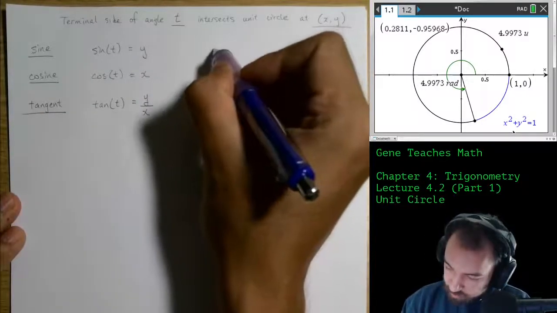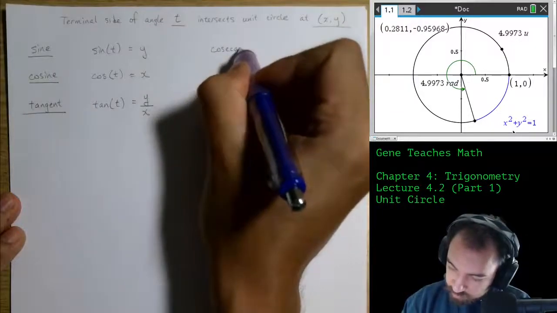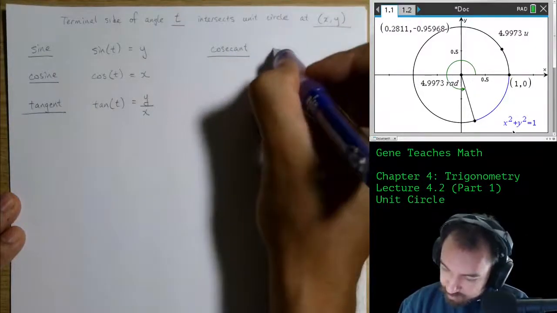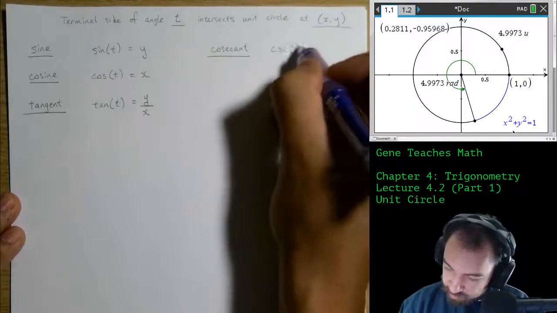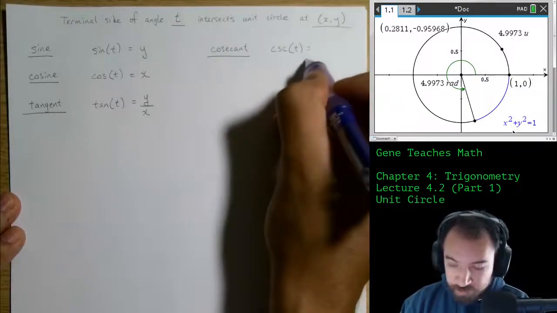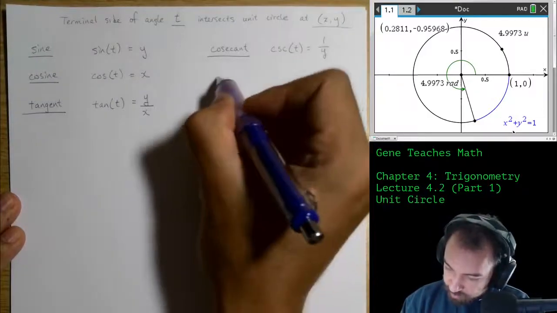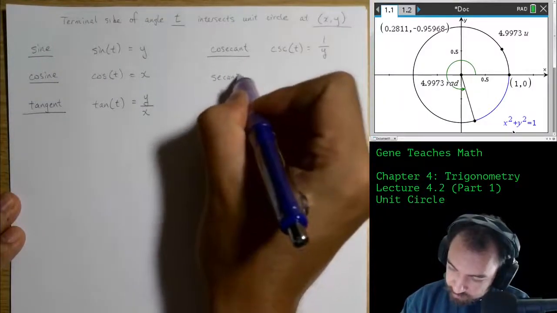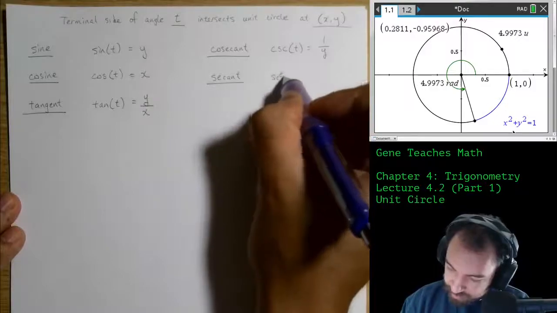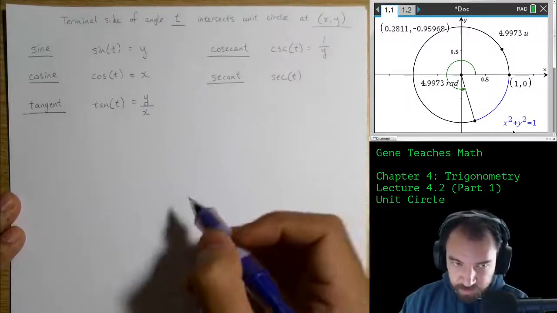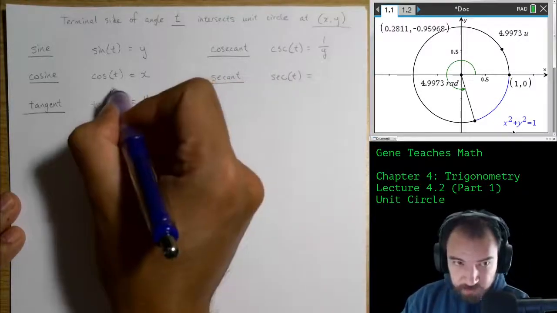And then there's this thing called cosecant, which we write CSC of t, and this is going to be the reciprocal of sine. So this is going to be 1 over y. And then there's the secant, SEC, so secant of t. This is going to be the reciprocal of cosine of t.